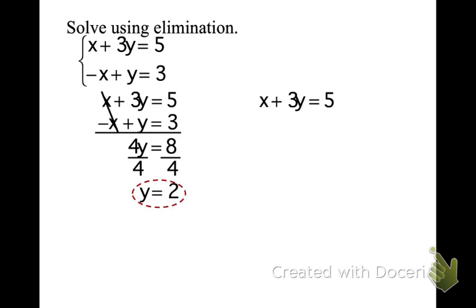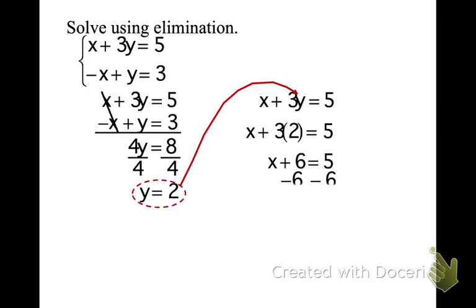Now, as I substitute in, x plus 3 times 2 equals 5, x plus 6 equals 5. And then we subtract 6 from both sides. X is equal to negative 1.